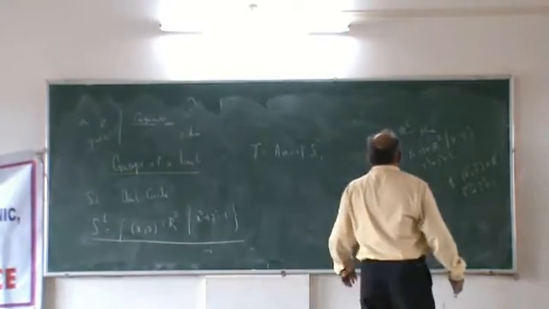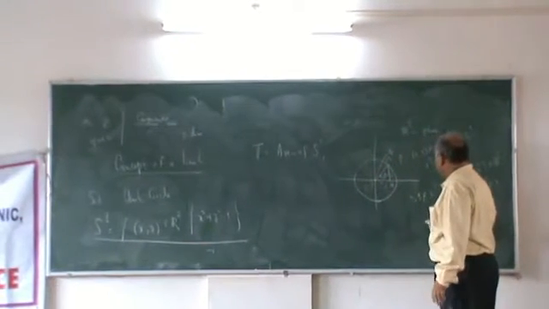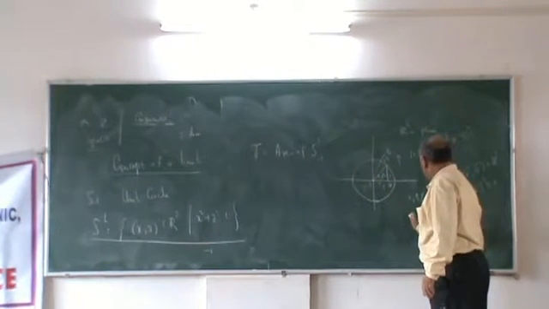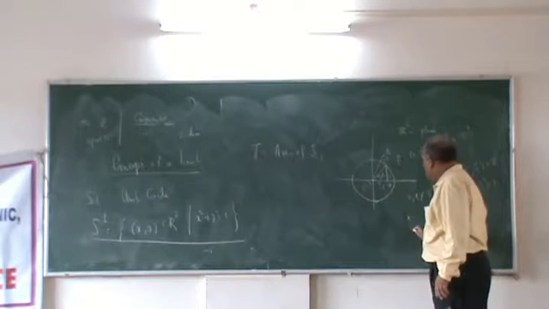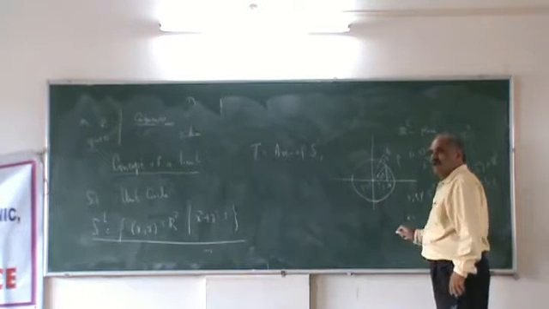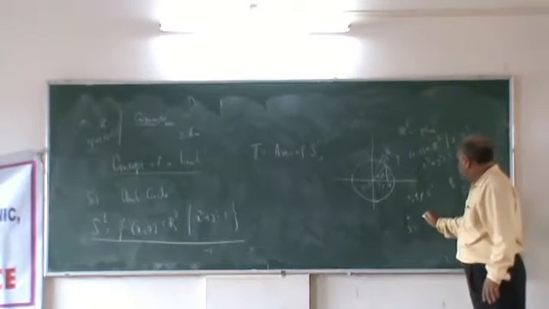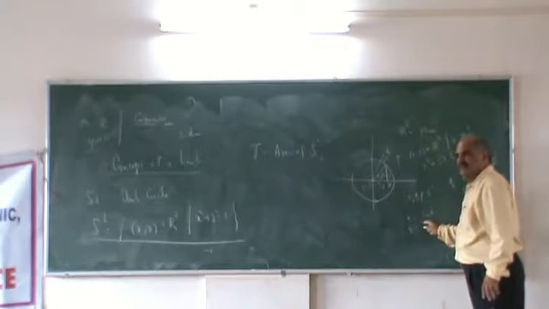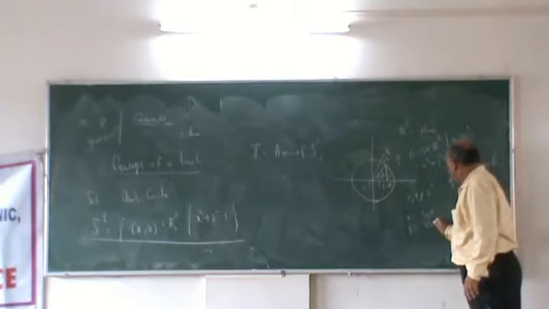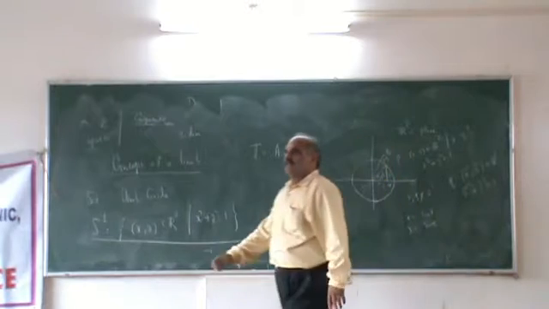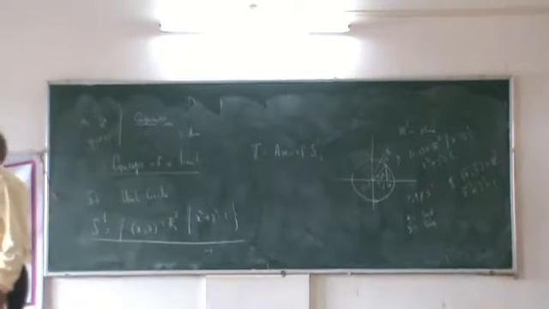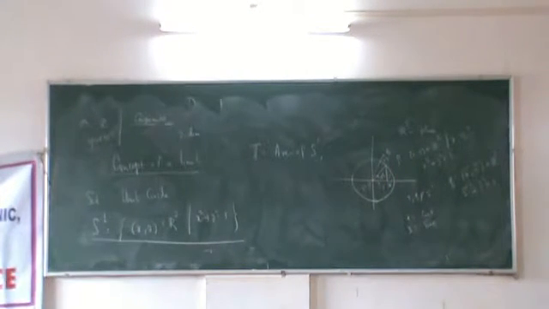So when it describes this, we know the parametric representations of x and y from our trigonometry, knowledge of analytical geometry. This is r cos theta, this is r sin theta. So your x square plus y square is equal to cos square theta plus sin square theta, which is equal to 1. I am realizing this in some sense.